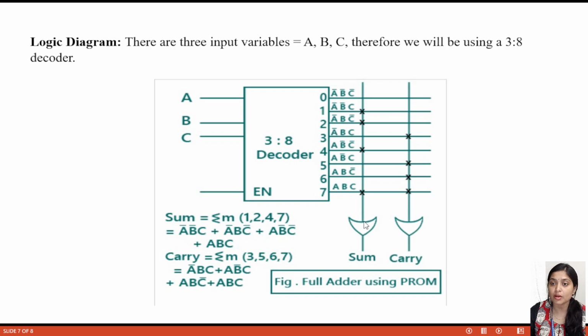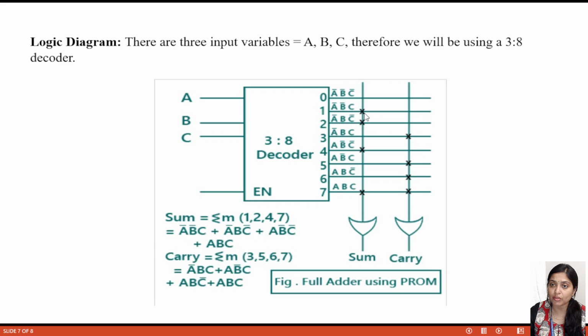For the case of sum, which inputs will be added? So here, this is actually the summation. A bar B bar C is there, one component. So where is it? This one, A bar B bar C. So we will make a cross sign here. Then A bar B C bar, we will make a cross sign here. Then A B bar C bar, we will make a cross sign here, and another is A B C, we will make a cross sign here.